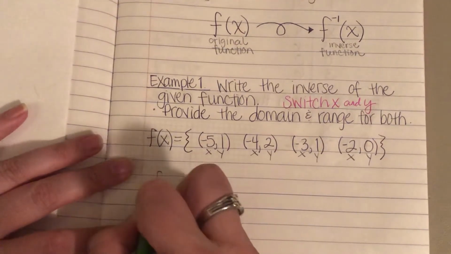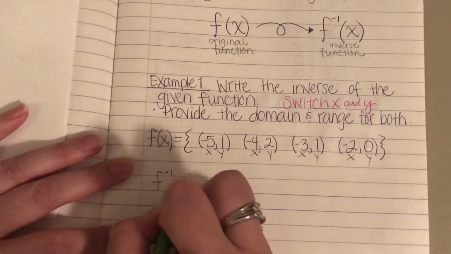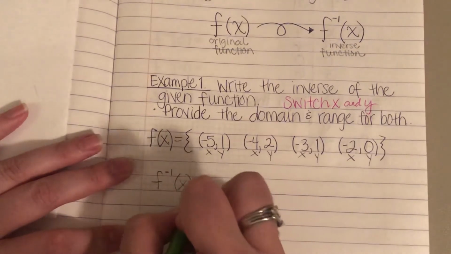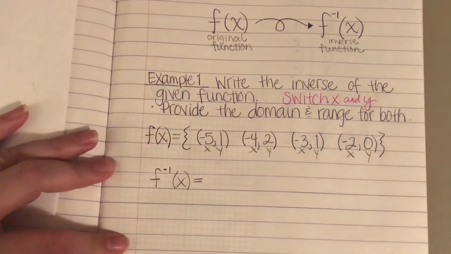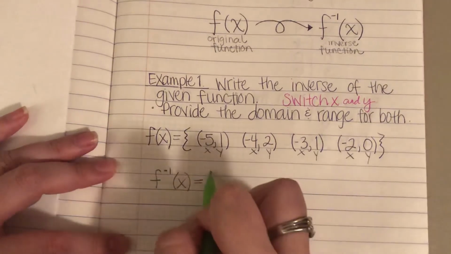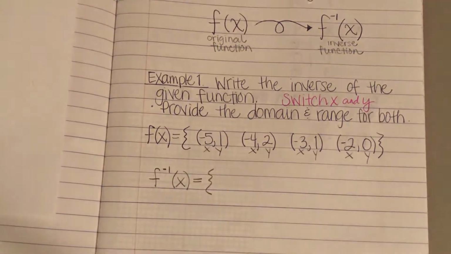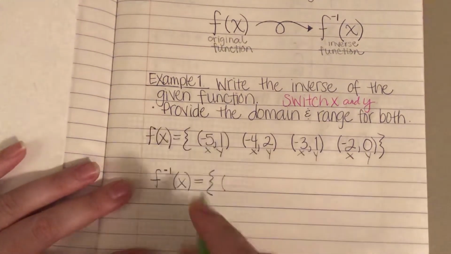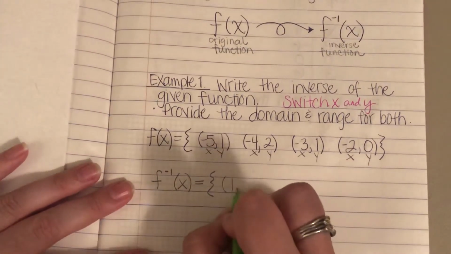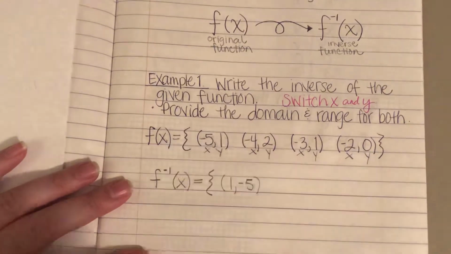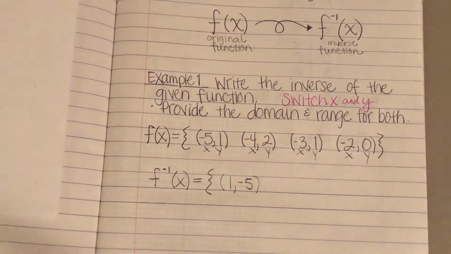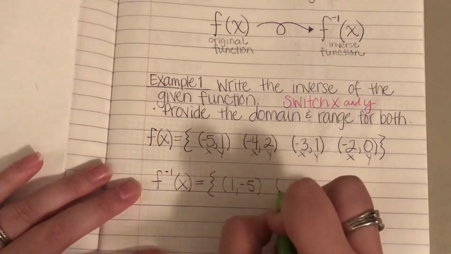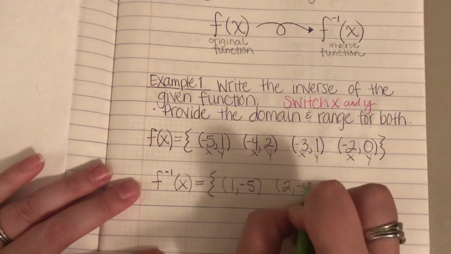So I'm going to use my function inverse notation of x equals, and I'm going to create my new inverse function. I'm going to do the squiggle as best I can. And then I'm going to say, well, this first ordered pair just becomes 1, negative 5. That's it. You just switch them. The next ordered pair becomes 2, negative 4.